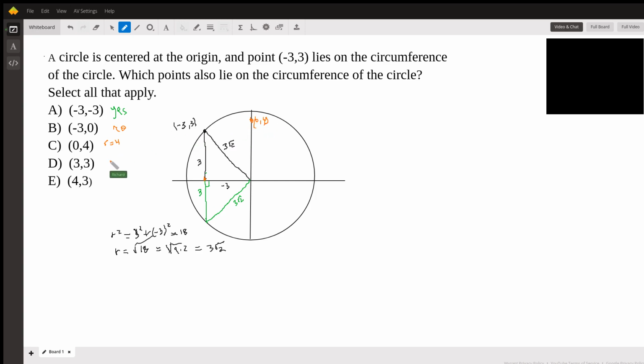It's not on the circumference. It's inside the circle, but it's not on the circumference.